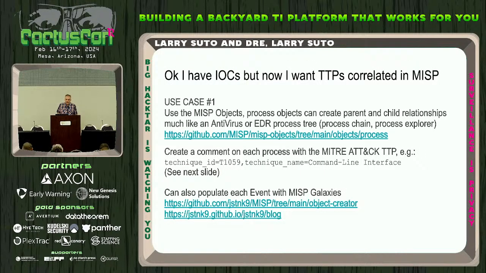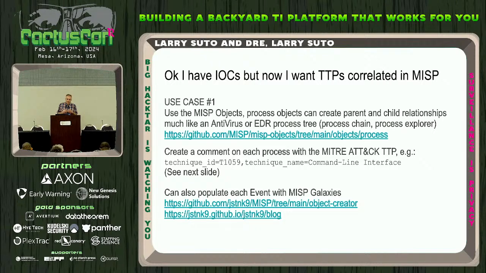Another great thing is when you build these events, you have a bunch of IOCs, but you want to create an event so you can do some interesting correlations. In the event itself, you can create objects that are related IOCs and then correlate them.